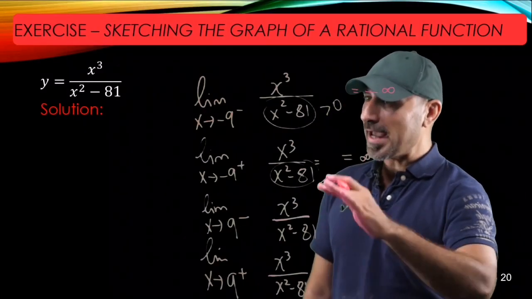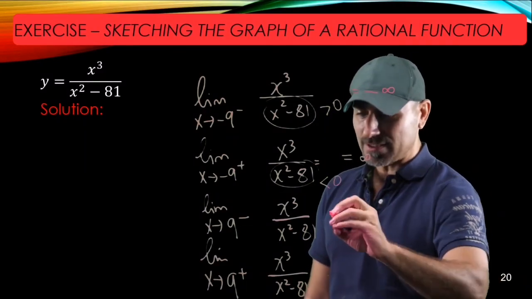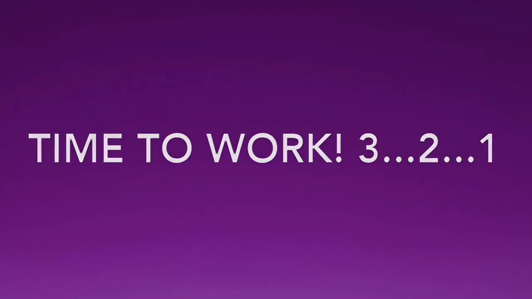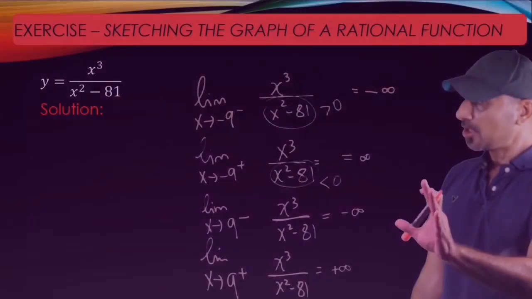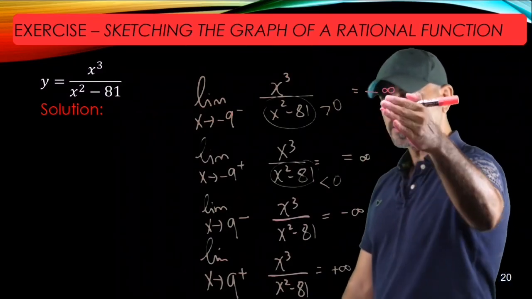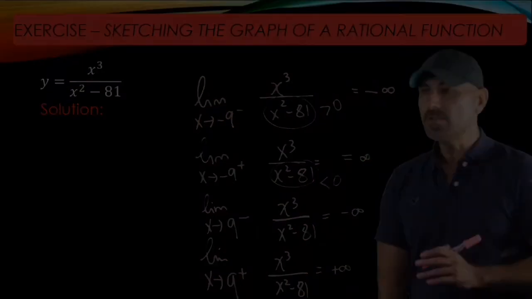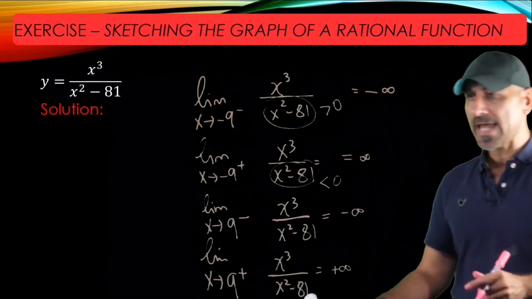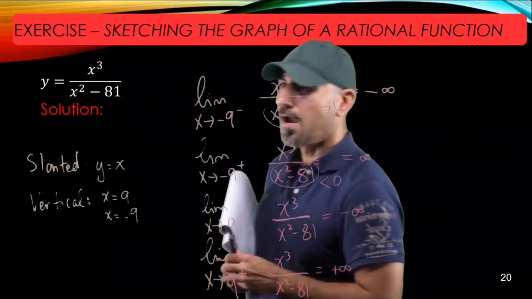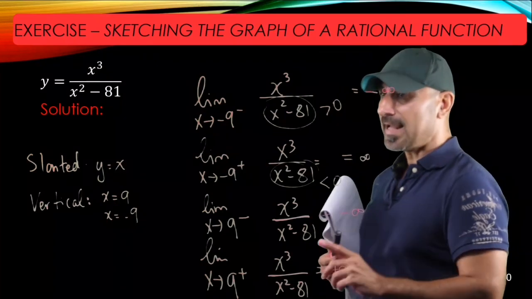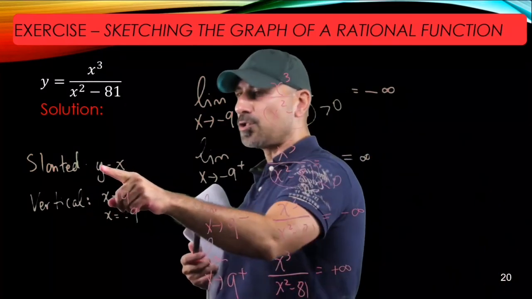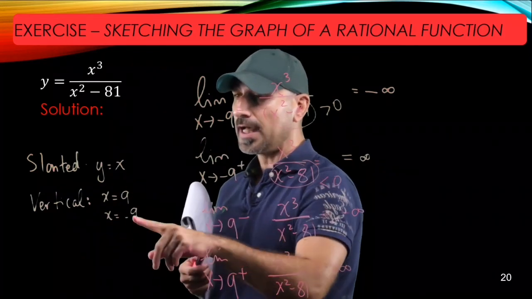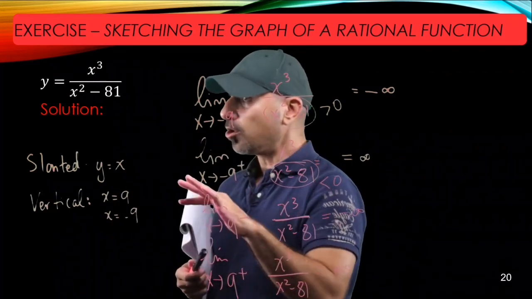Pause the video and go ahead and check those limits by yourself. That's a good warm-up exercise for you to practice the same thing I did in the video. Eventually we're going to use those limits when we try to graph the function. To sum up, we have a slanted asymptote, the line y equals x, and we have vertical asymptotes x equals 9 and -9, and no horizontal asymptote.